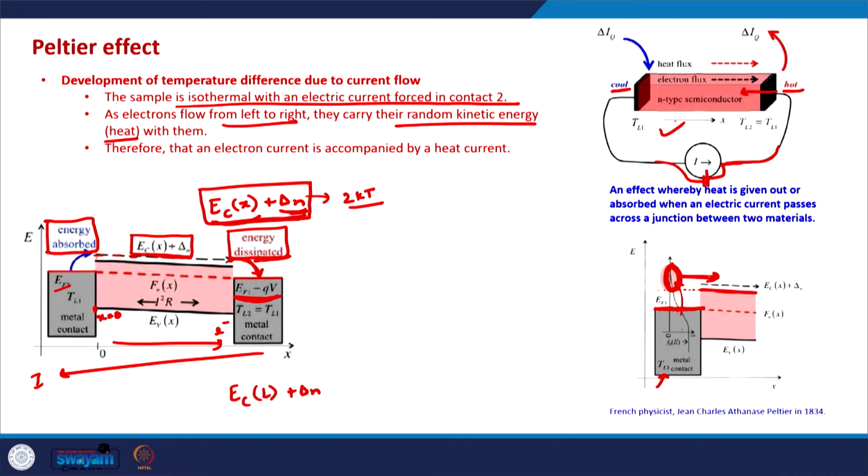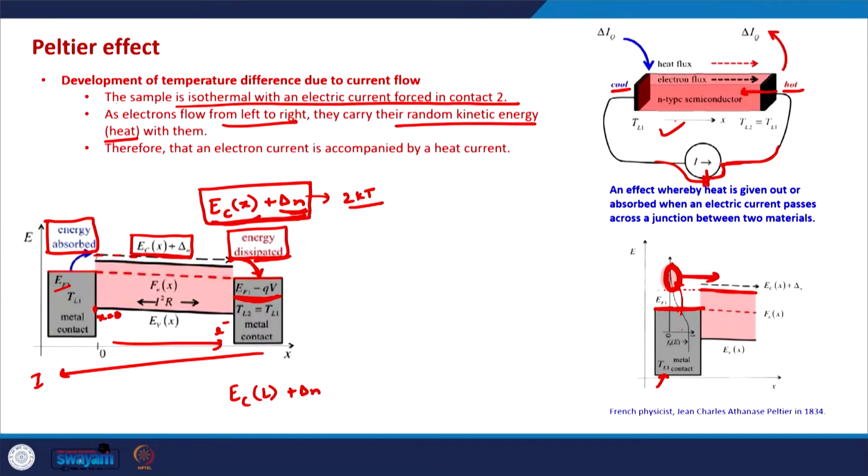These high energy electrons dissipate this excess energy on the right contact, and this right contact becomes slightly hotter, and that way a temperature difference is created across the device from the left contact to the right contact, which means that a net heat current is also there in the semiconductor.